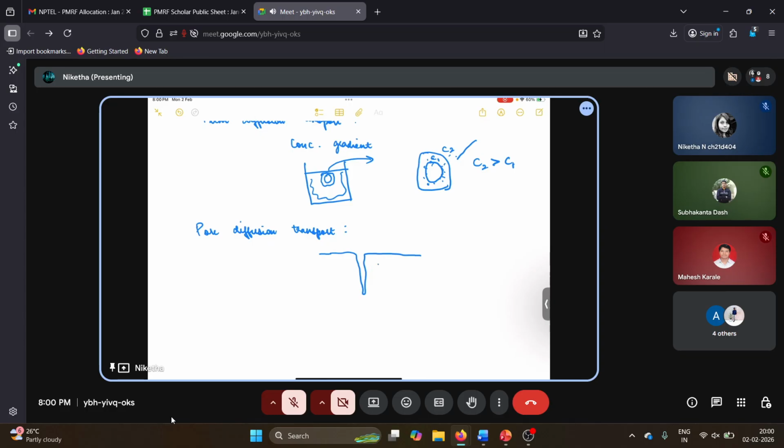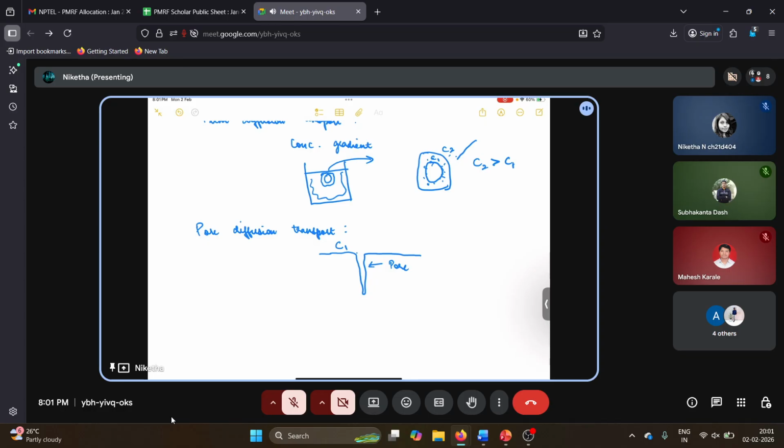Here also there is going to be a concentration gradient, because now the pollutant, or the adsorbate, is already at the surface and it has some given concentration, say C1.